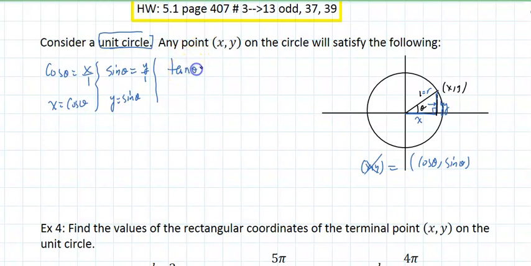Tan of theta would be the opposite, but again, we have just concluded, if this is the triangle, this is 1, this is my x, but we said x was the cosine of theta, and this is my y, but we said y was the sine of theta.